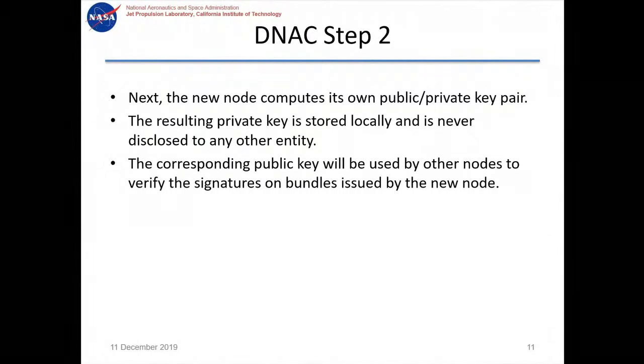The public key is made available for publication. We can't publish it yet because we don't have anybody to talk to, but it's going to be directed to other entities so that they can encrypt things in that public key, which only this node can decrypt using its private key.